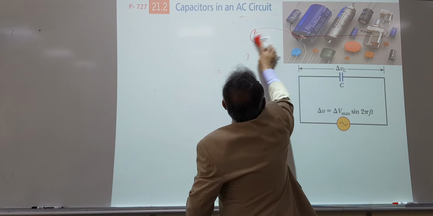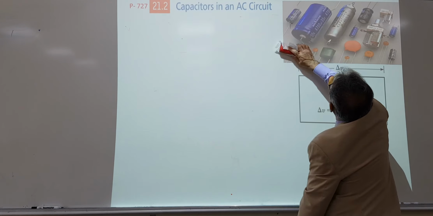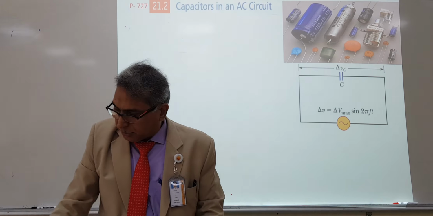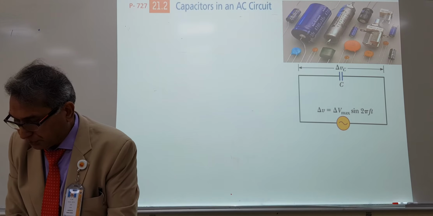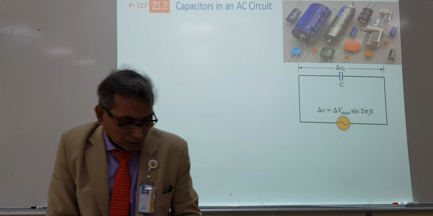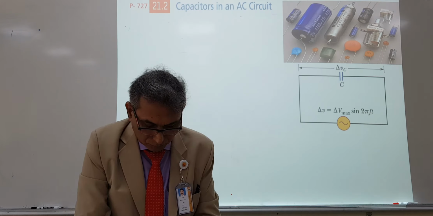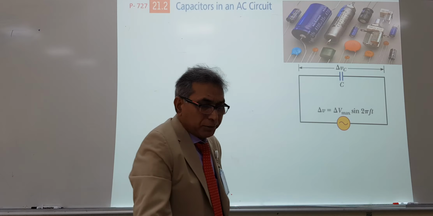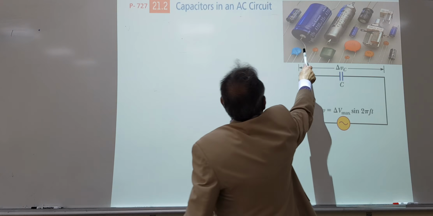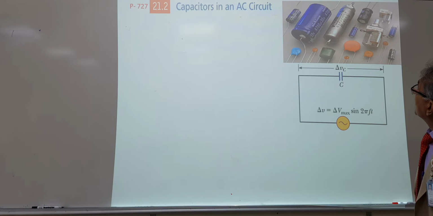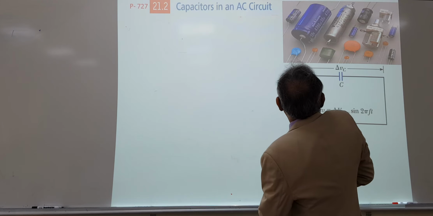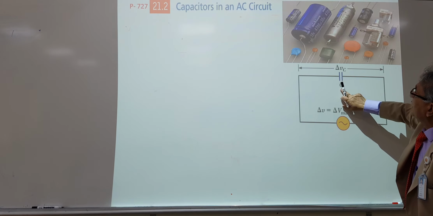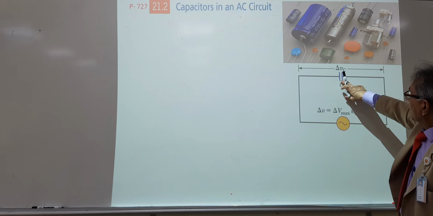Now the capacitor. You might have seen different types of capacitors in your labs. Before we had a resistor, now we have connected a capacitor. This is the symbol for the capacitor. This is the AC source.